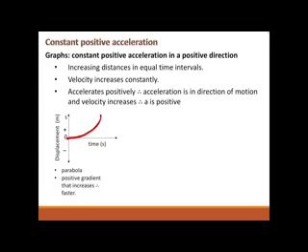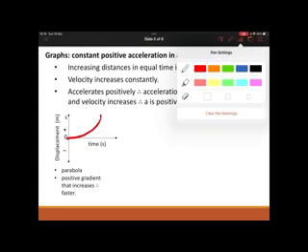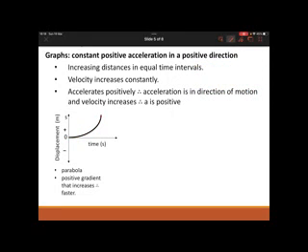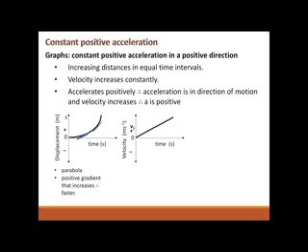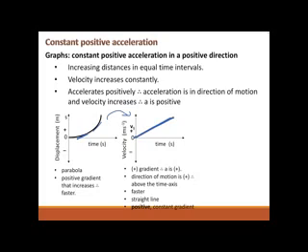This means finding the gradient is a little more difficult. So what we would need to do is find the gradient by finding the tangent at different points on the graph. Different tangents will give us different values. We would then be able to plot those values onto a graph. That graph will give me a nice straight line like this, and that is because it's accelerating, it's getting faster and faster and faster.